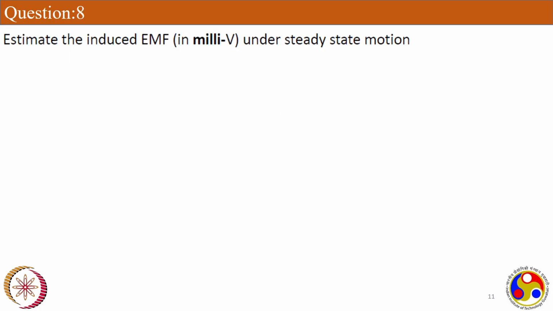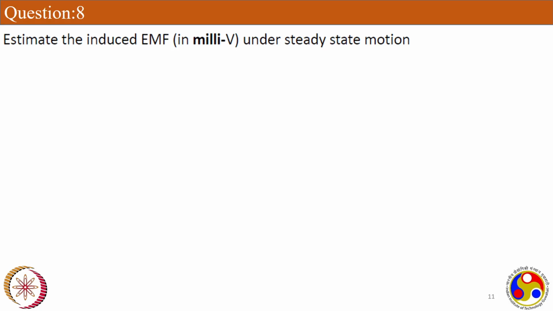Now we have to estimate the induced EMF. That's also in millivolts under steady state condition. Now, what is the law related to the EMF that is being generated? That is the right hand rule, right? We already know the formula for induced EMF or generated EMF, which is E is equal to BLV.